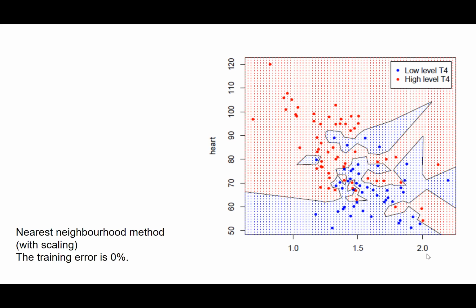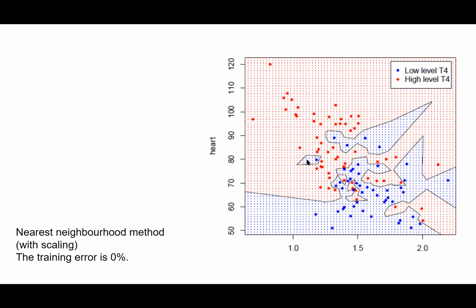For example, we want to classify a new point, say something here, this point. We have to find the closest point in the training set. I guess this one. This point is red. So this new point will be classified as red one.